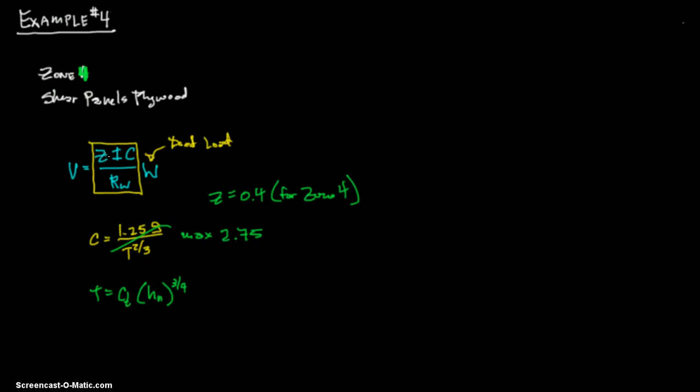The importance factor. What is our importance factor? You can go to table 16-K, which is your occupancy category table, reproduced on page 84 for you. And take a look, and you can say, hey, is this an essential facility? What did it say again? I don't think it said anything about it being an essential facility or anything like that.